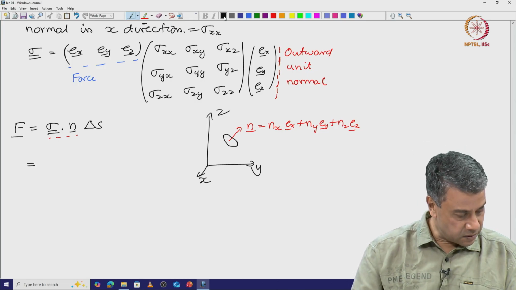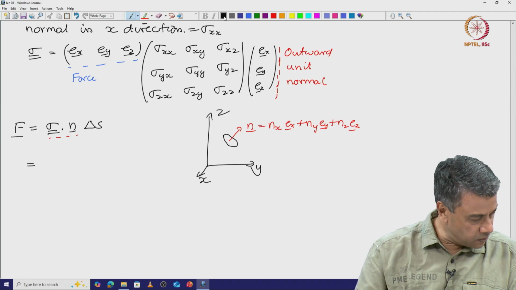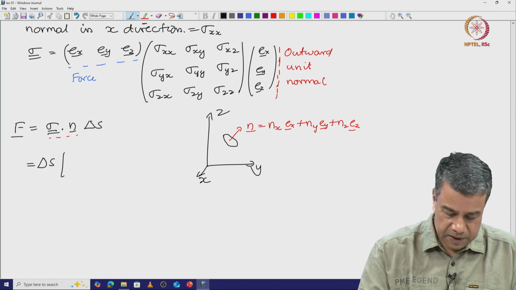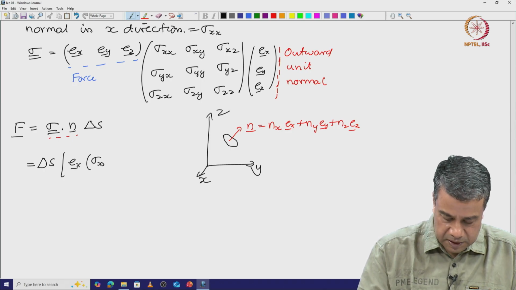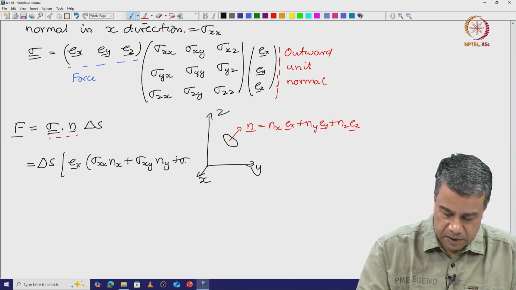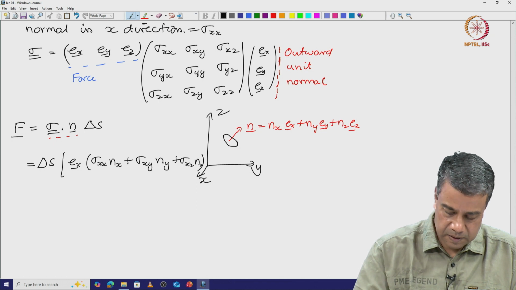So, this is going to be equal to delta s into, first Ex into sigma xx nx plus sigma xy ny plus sigma xz nz.